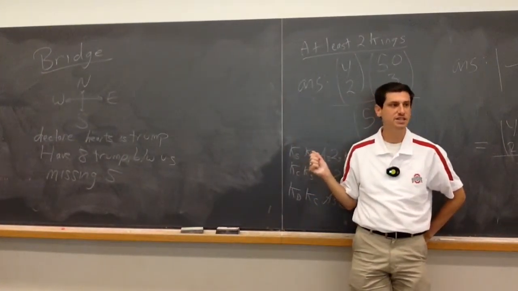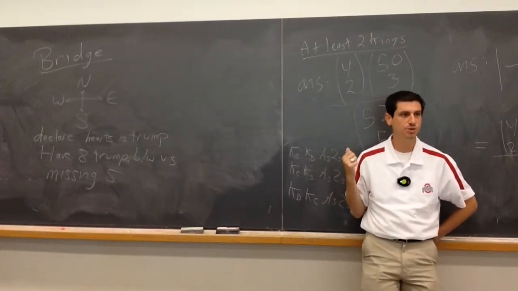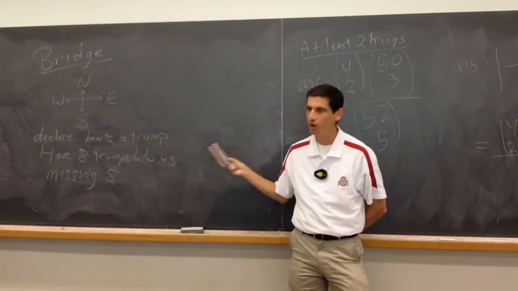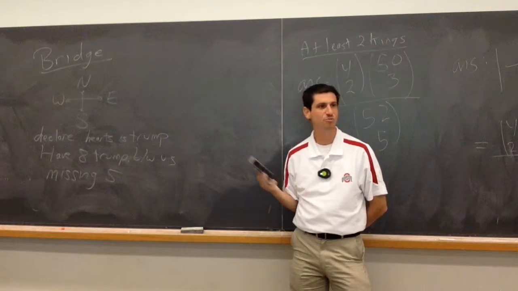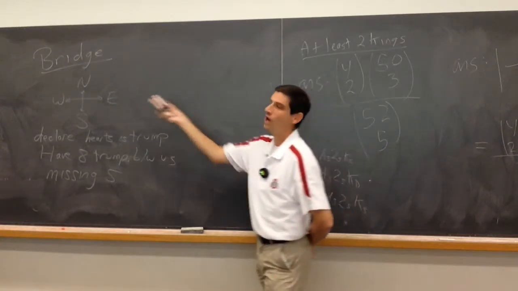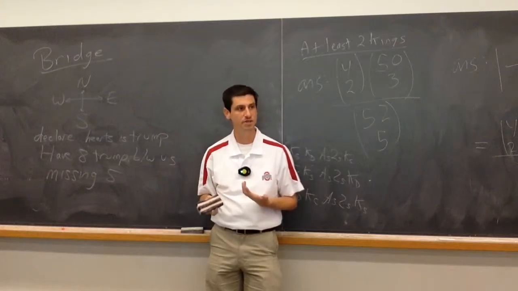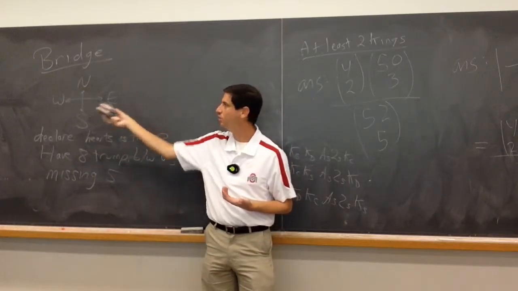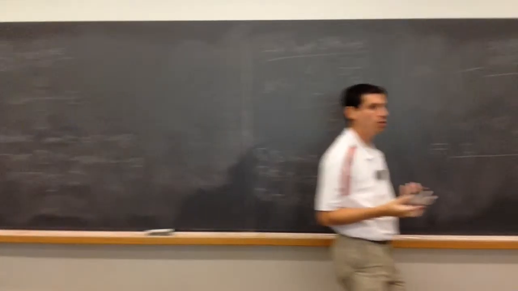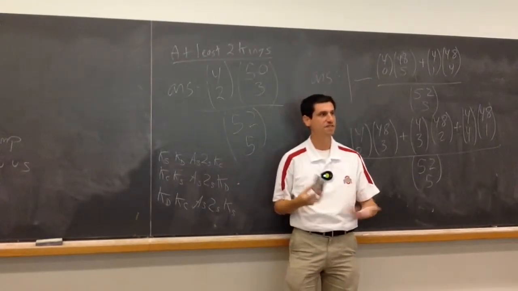Knowing how likely these different splits are affects how you play. If you have 12 trump between the 2 of you, do you know how the trump is split among the remaining people? You may not know who has it, but you know there's only 1 trump missing. Either West has the trump or East has the trump. The more trump that are missing, the more complicated things are. And this affects how you play.